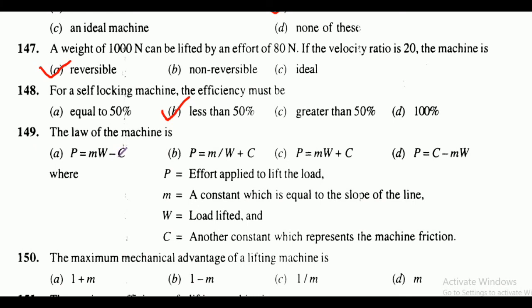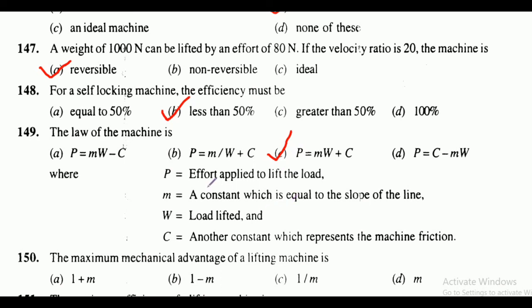The law of the machine is, here friends, these are the options, and here P is equal to effort applied to lift the load, M is the constant which is equal to the slope of the line, W is the load lifted, and C is another constant which represents the machine friction. Here friends, correct answer for this question is option C, that is P is equal to MW plus C.